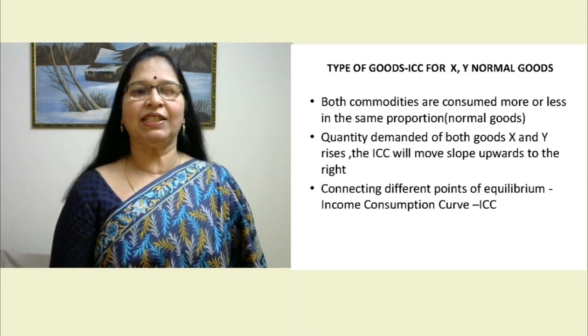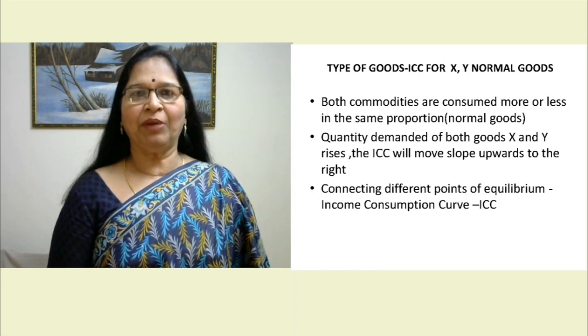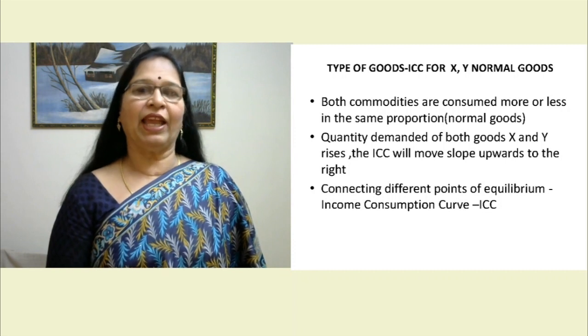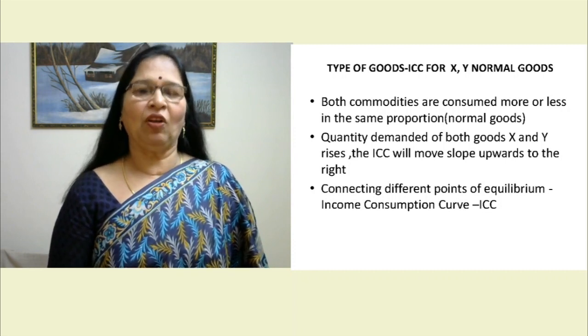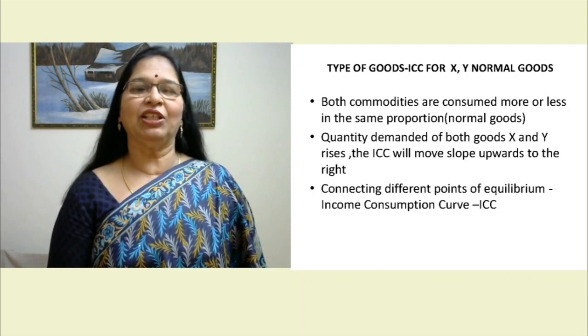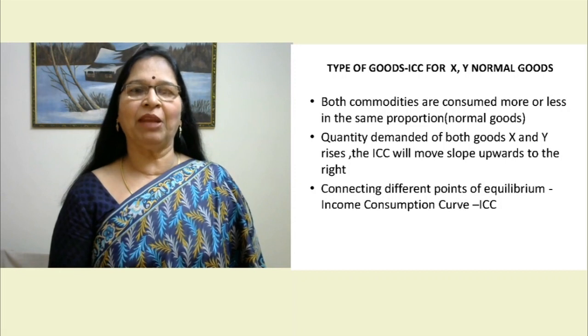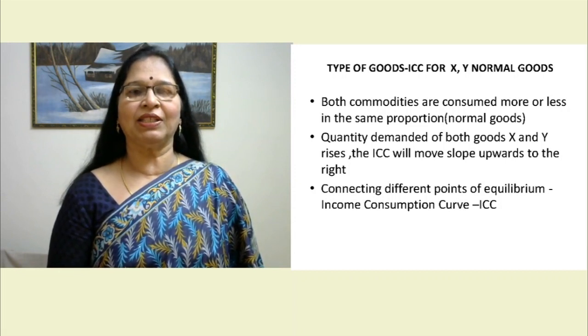So first, let us see what happens when the consumer's income rises, and both X and Y are normal goods. The logic is very obvious, that the consumer will buy more of both goods, and the consumer will move to the higher indifference curve.